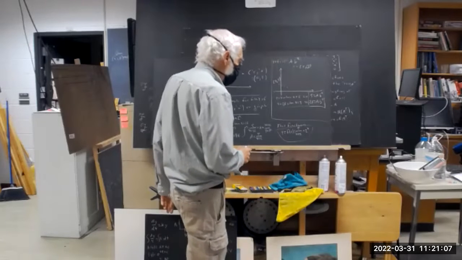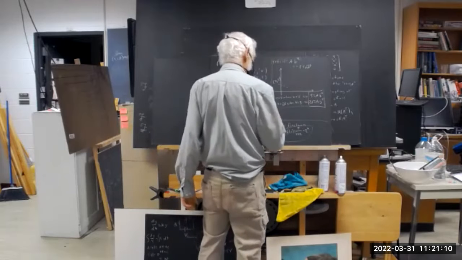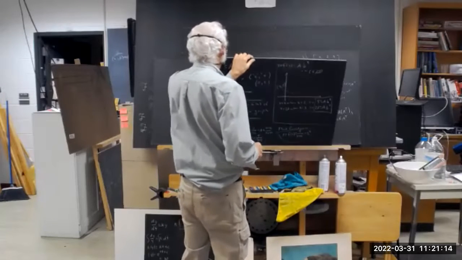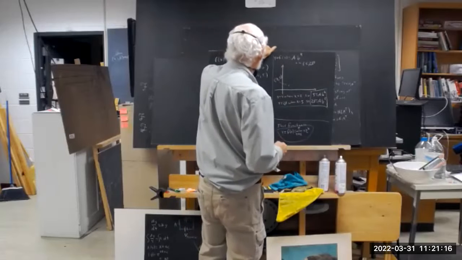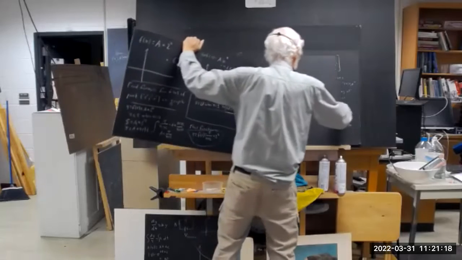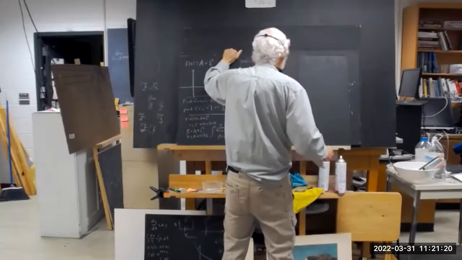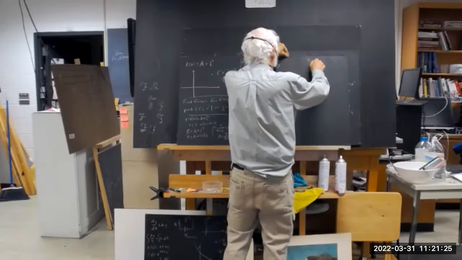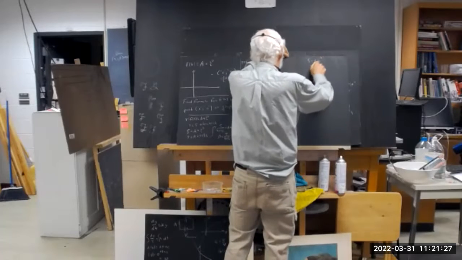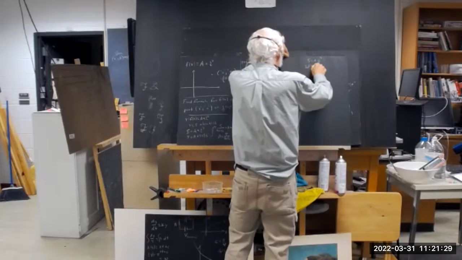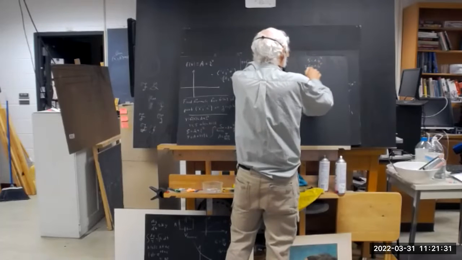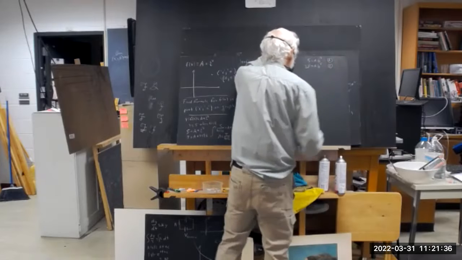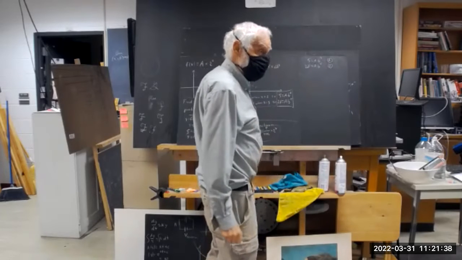So let's write down where we are. 5 equals a b squared. 28 equals a b to the 5th. This is your first equation. This is your second equation.